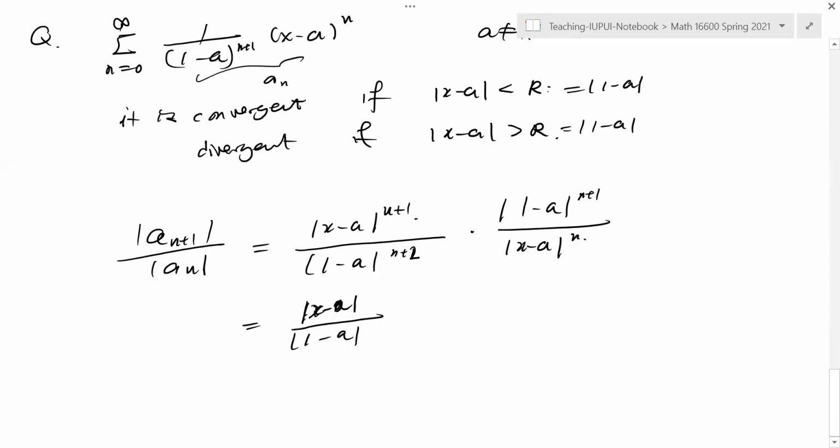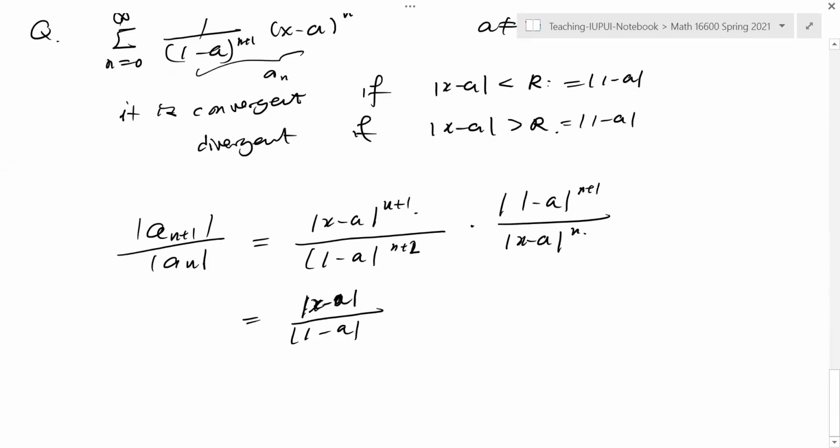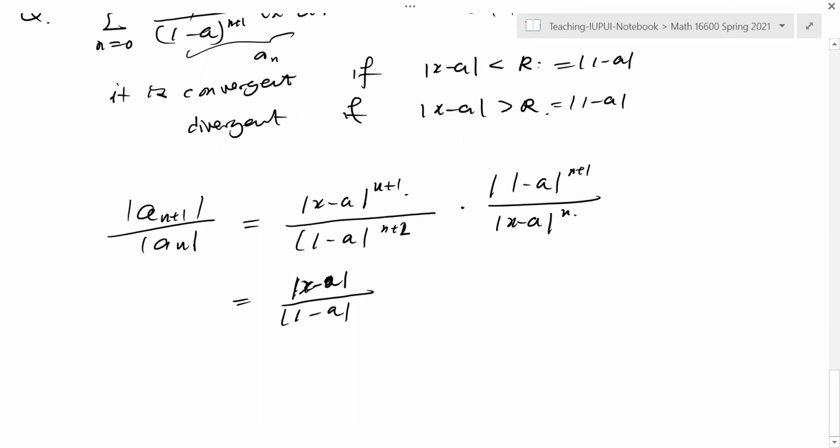So we know that this power series is viewed as a series, right? So we know that the limit is going to be absolute x minus a over 1 minus a, right?